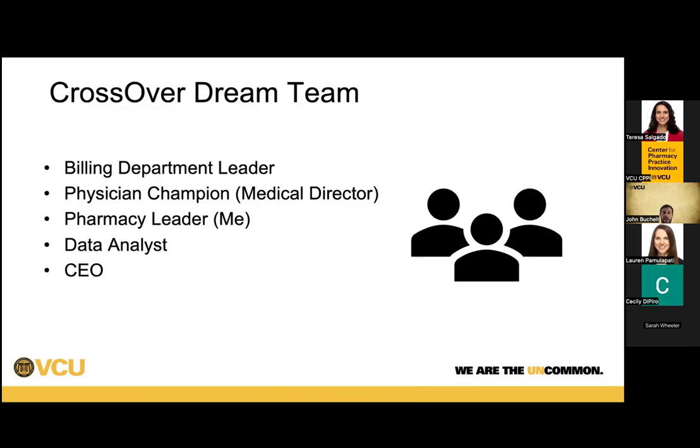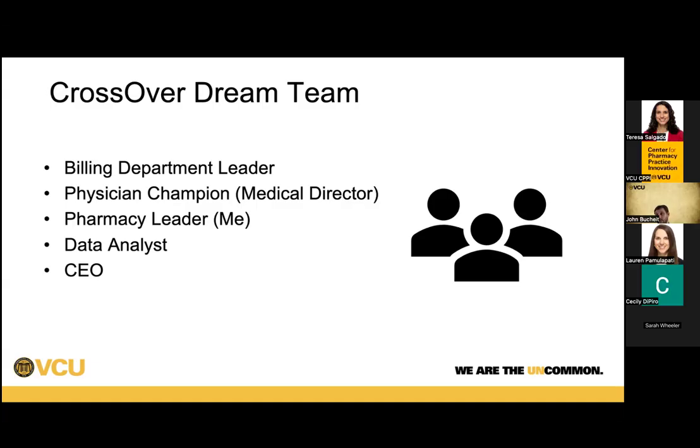So who did we have on our team? Our dream team at Crossover, it is a smaller organization than a big healthcare system, but we had a billing department leader who's very open to hearing about pharmacist billing and how we could do that. We have a physician champion. Our medical director, Dr. Murchie, has worked with us all 9 years since I've been there. I was obviously pushing very strongly for being able to bill, just because I think it's important for pharmacists to do that.